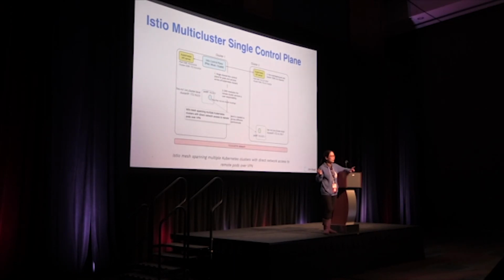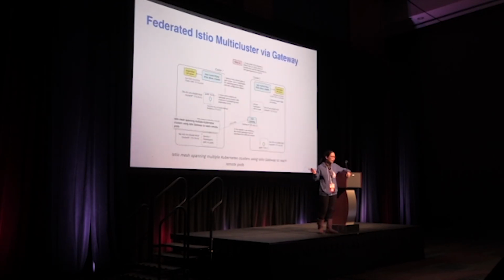It also requires the two clusters to have different CIDR blocks, which some cloud providers have the same. The other thing we are also doing is federated Istio mesh through the gateway. Each cluster has its own Istio control plane, and they can retain the cluster boundary. Then they have a federated Istio mesh through the ingress and egress gateway.